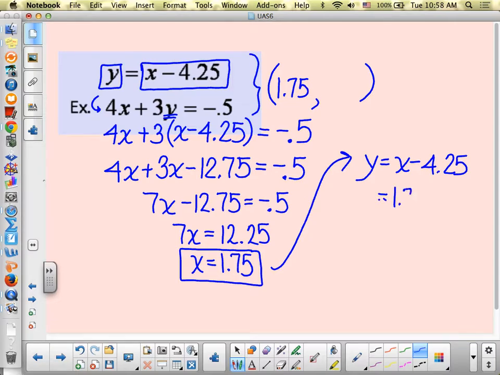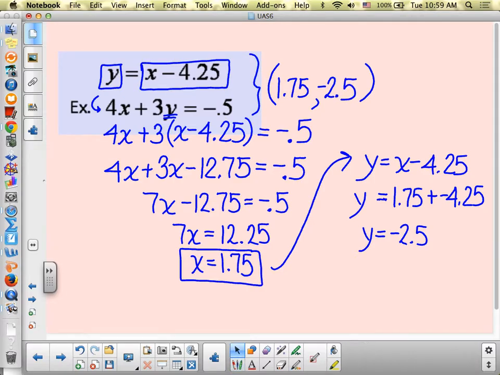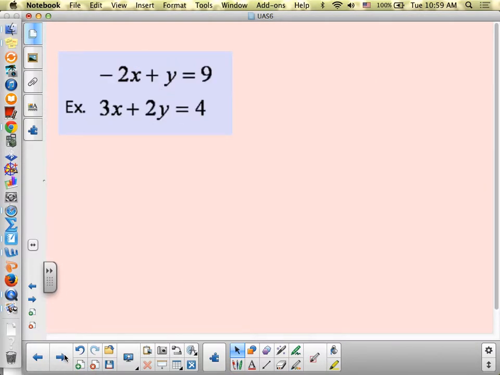So 1.75 is the x value, plus a negative 4.25 for my y value. We end up with negative 2.5 for the y value. Whether you solve this by elimination or by substitution, that should be your value. You can always pause and rework this.